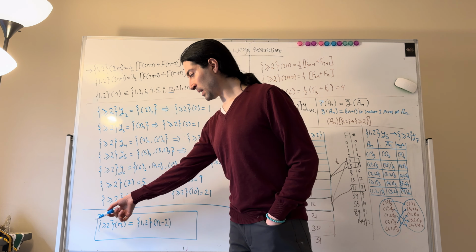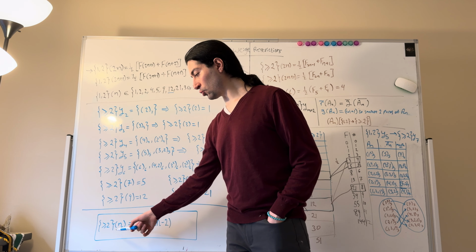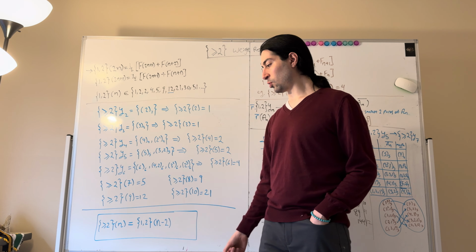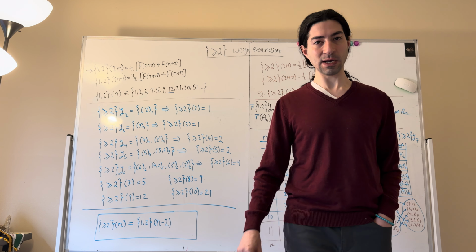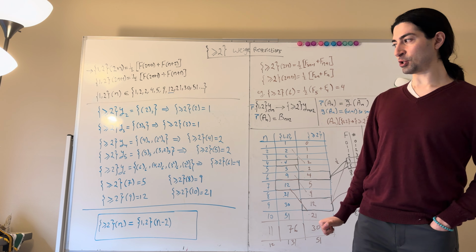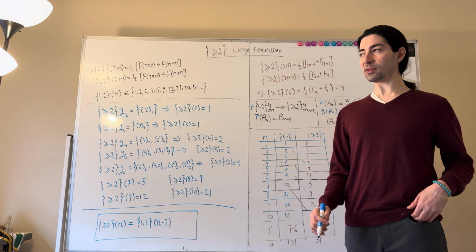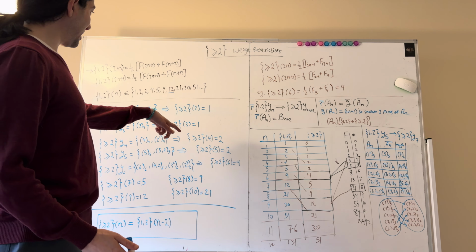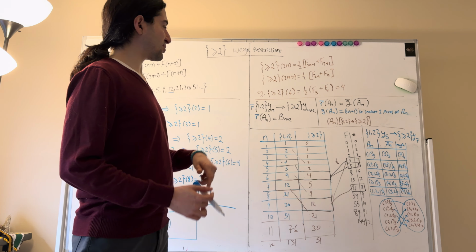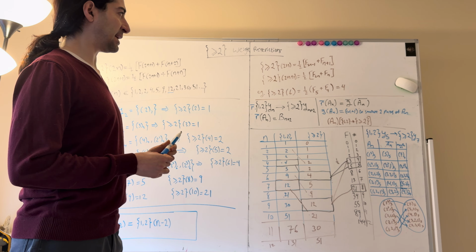So we will say a restriction set of greater than or equal to 2 of n is equal to a restriction set 1, 2 of n minus 2. So a very remarkable relationship, and there's many of those, and there's many connections to the Fibonacci number, as we will see. So we can easily figure out the formulas for the size of the degree 2 or greater sets.